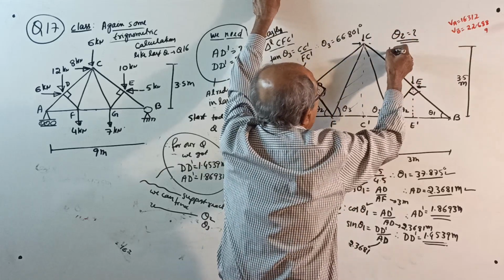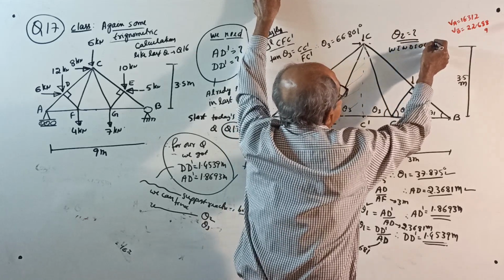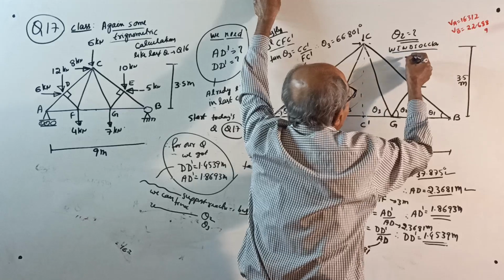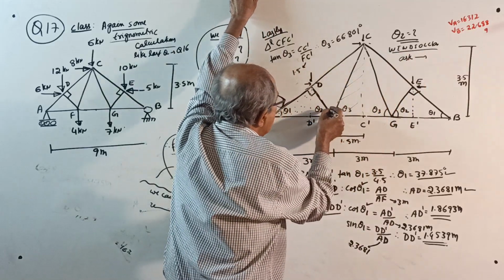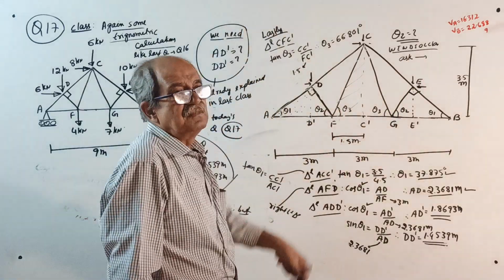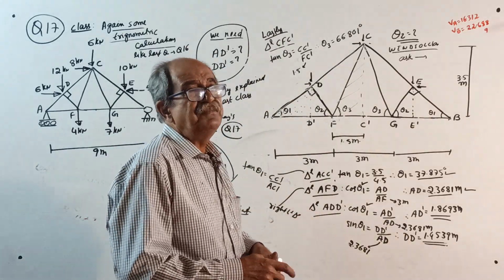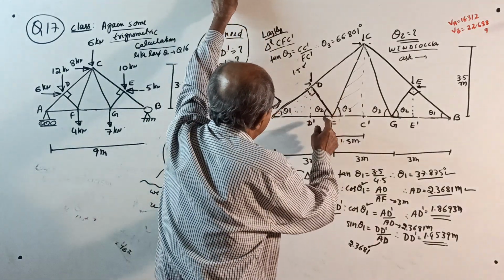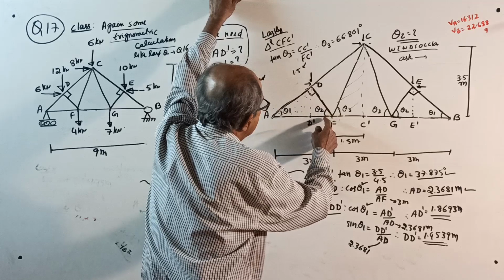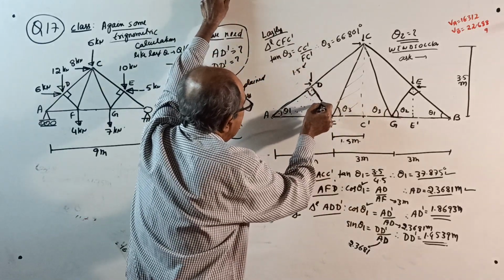In the offline class, I ask the students how to get theta 2. Sometimes I pretend, and say if you want theta 2, consider this triangle.